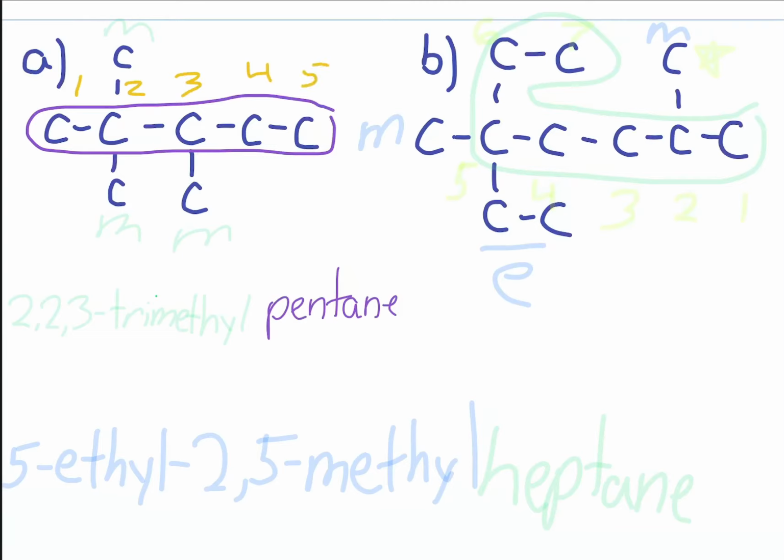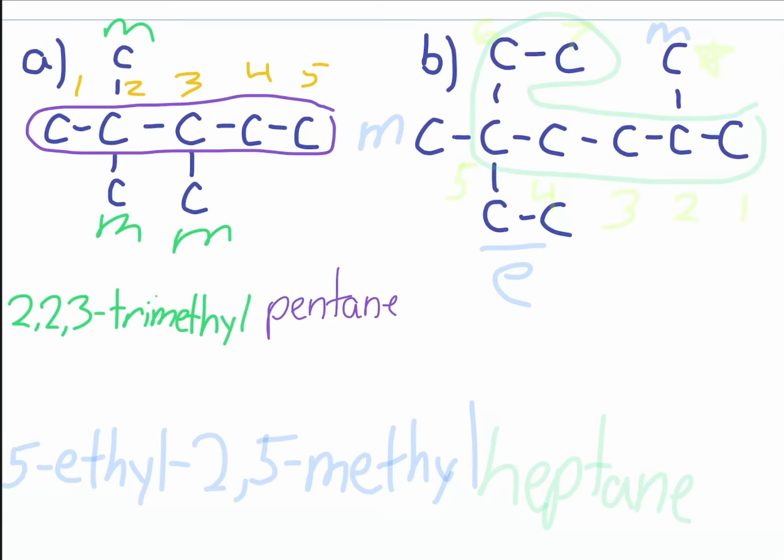All 3 of these are methyl groups. So, when you write it out, you will write 2, and then you will repeat the 2 because there's a second methyl group on it, and then the 3, and then trimethyl.